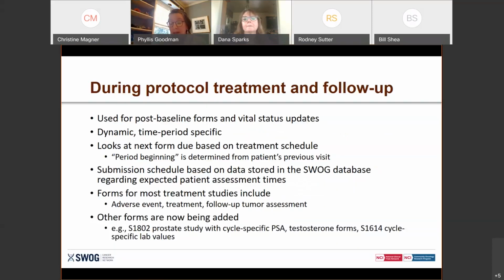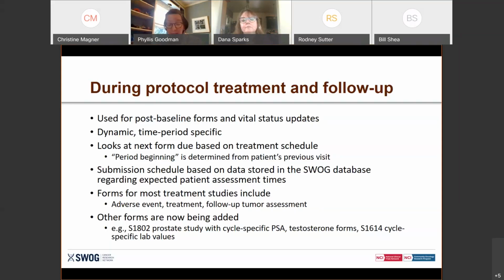Expectations that are posted during a patient's treatment or intervention and during follow-up utilize what we call dynamic expectations. They're dynamic in that they're time period specific, and the posting of them depends on the patient's actual schedule. The due date is determined based on the data submitted on the prior forms regarding when the patient was last seen, the time period being covered, and when the next visit is due. The submission schedule of the forms is based on data stored in the SWOG database regarding the expected patient visit and assessment times as specified by the protocol.